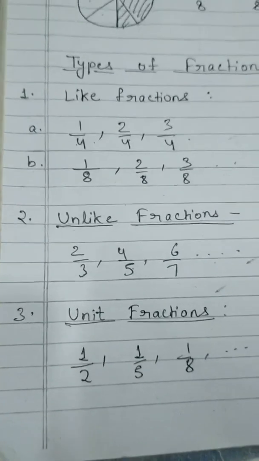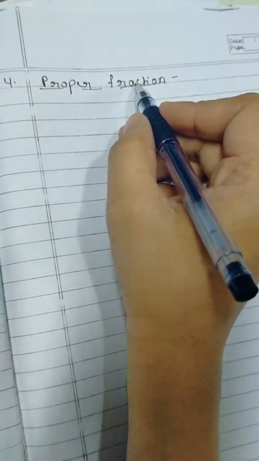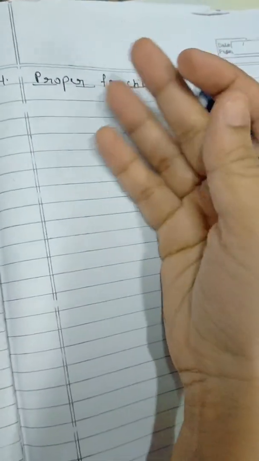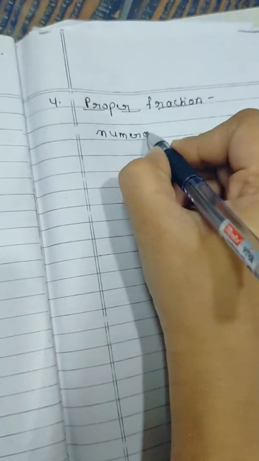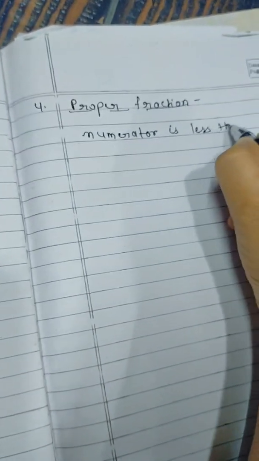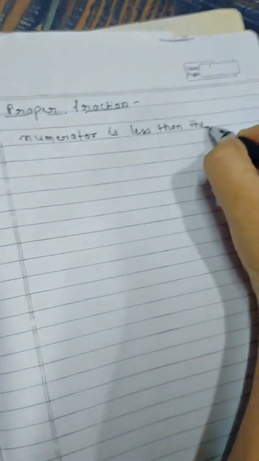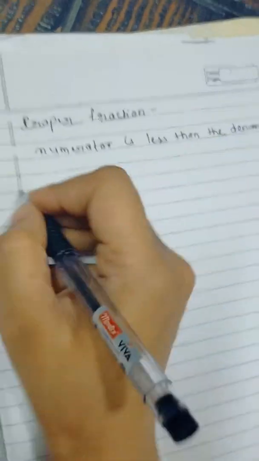Now the next type of fraction is proper fraction. Proper fractions are fractions in which the numerator is less than the denominator. What does it mean?